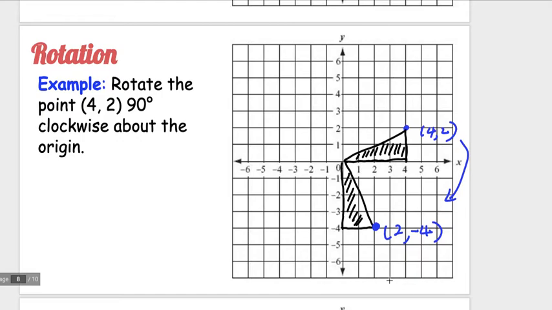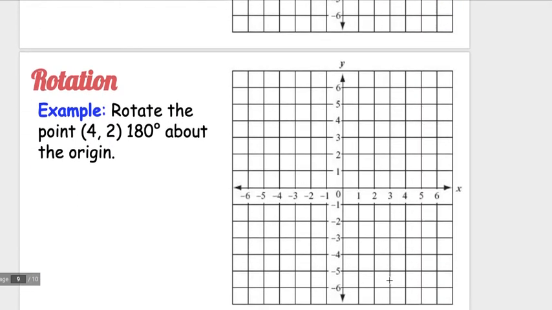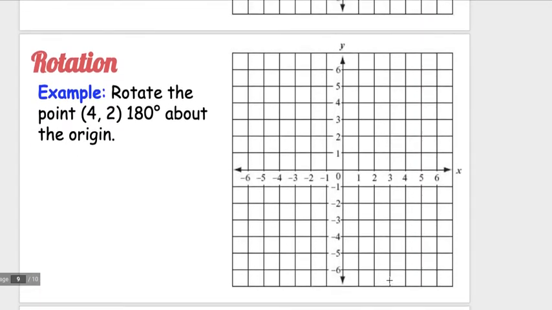Okay, let's see one more example. This time we are still working on the point 4, 2, but we are going to rotate 180 degrees about the origin. Some students probably already noticed why we didn't mention anything about counterclockwise or clockwise.